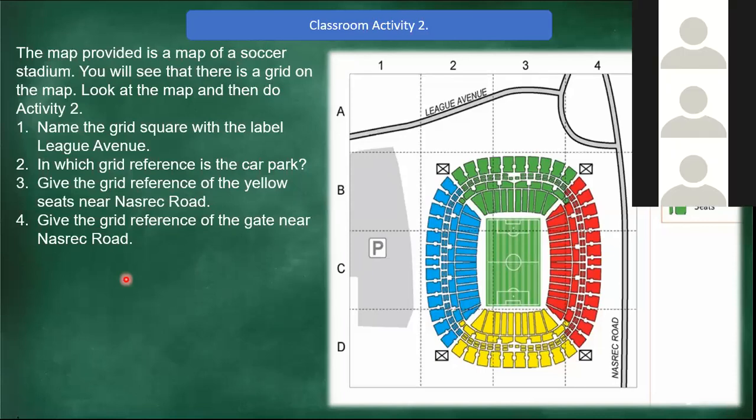That's correct. On the group chat, Nuganda also says D4. Abongiwa also says D4. Unati also says D4, which means we agree on the answer. And Noah also says D4. Thank you.